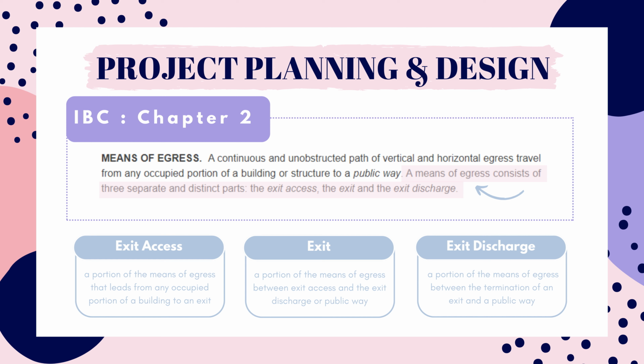Something I didn't know is that the space only has to be 10 feet wide, 10 feet deep, and 10 feet tall, which is the size of a standard office. I definitely thought that this would be required to be a lot larger than that. The common path of travel is a portion of the exit access that leads occupants to 2 separate paths of egress travel, each leading to 2 separate exits.